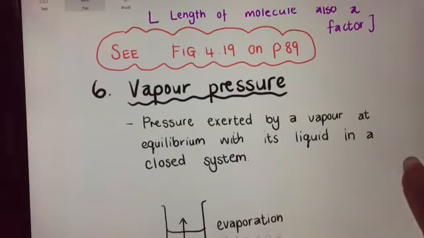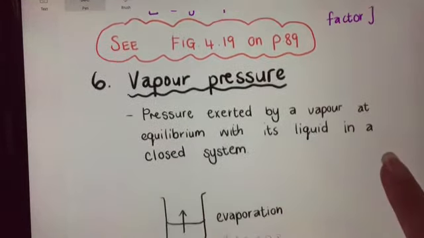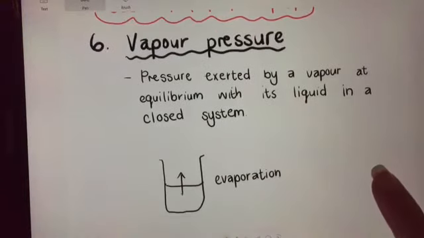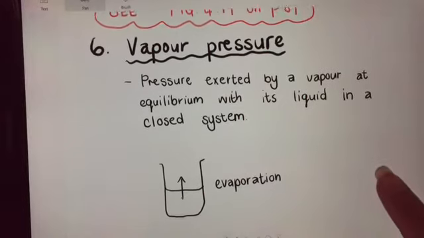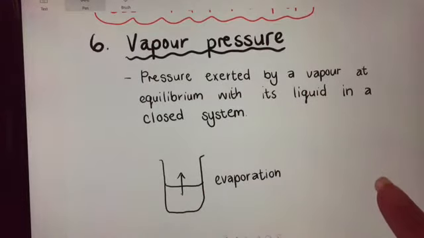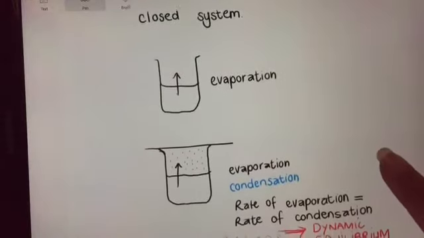And then vapor pressure is something that you don't have in your book, but it's definitely in the guidelines, so I just want to say a couple of things about that. It is described as the pressure exerted by a vapor at equilibrium with its liquid in a closed system. To explain that, let's take a look at this.